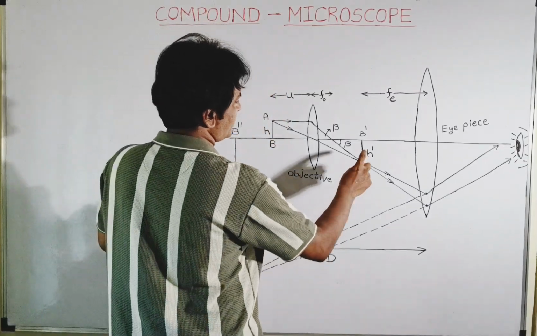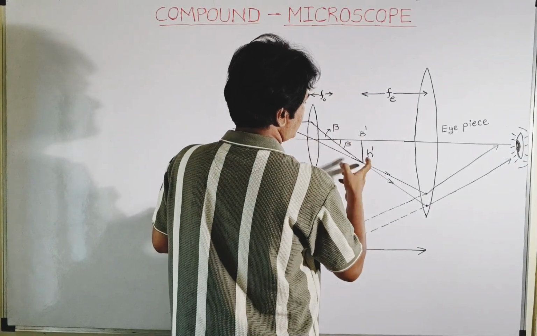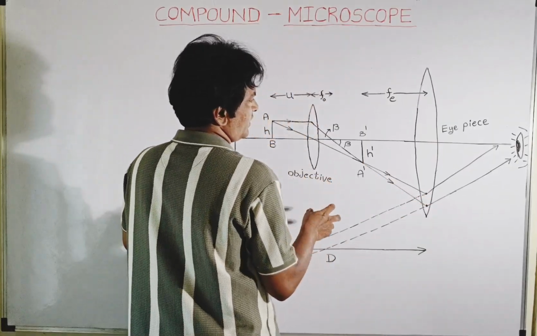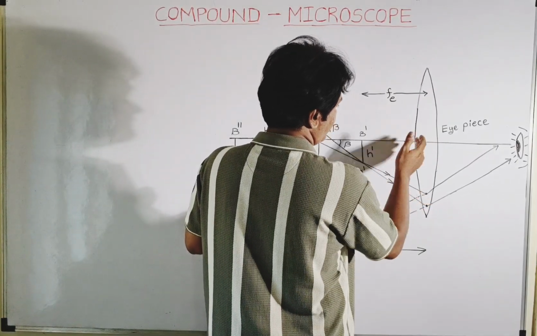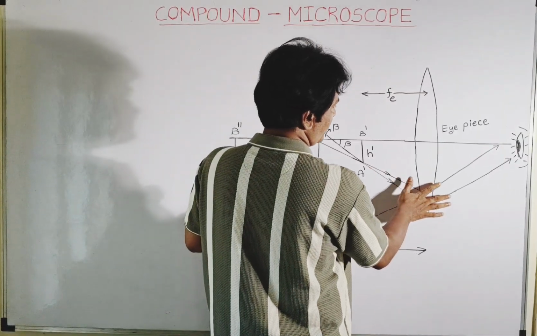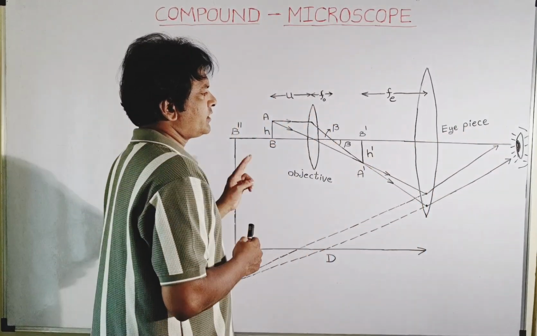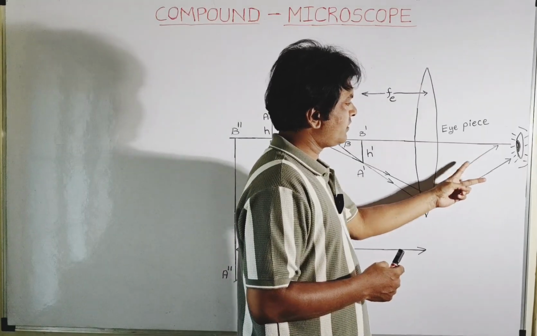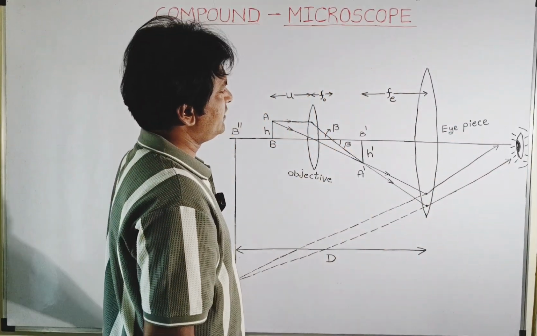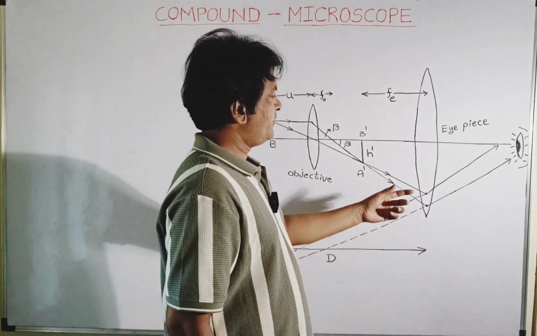When you consider this as an object, the rays come and fall on this lens, and because it is a converging lens, the rays pass through like this. But you can observe these two rays are not converging; they appear to be diverging, right? In this case the image will be virtual.